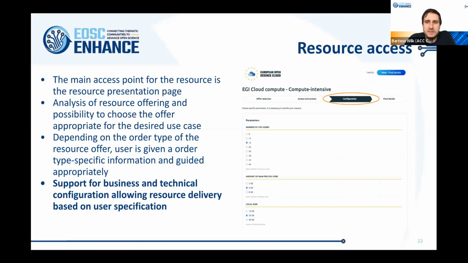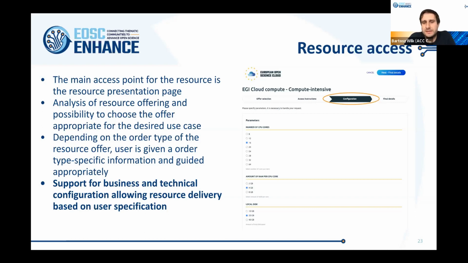profile and user space. Here is how the sample technical configuration looks. For example, for EGI Cloud Compute, we are able to select number of CPU cores. For this resource order, amount of RAM per CPU core or local disk.